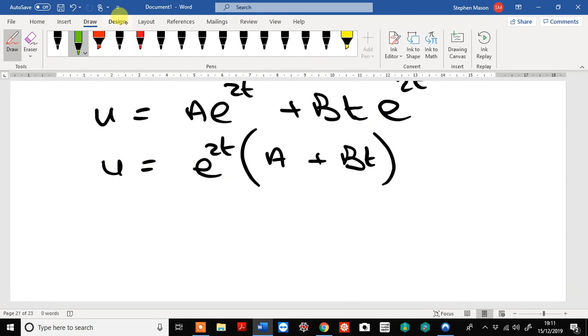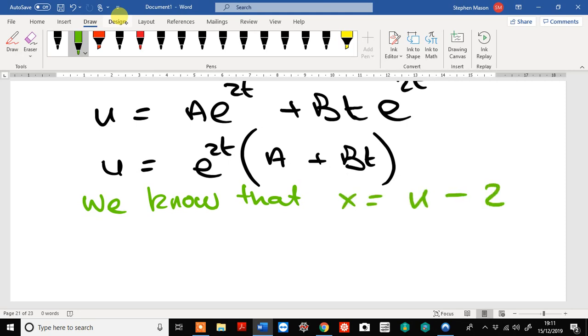We know that x equals u minus 2, I think it is.